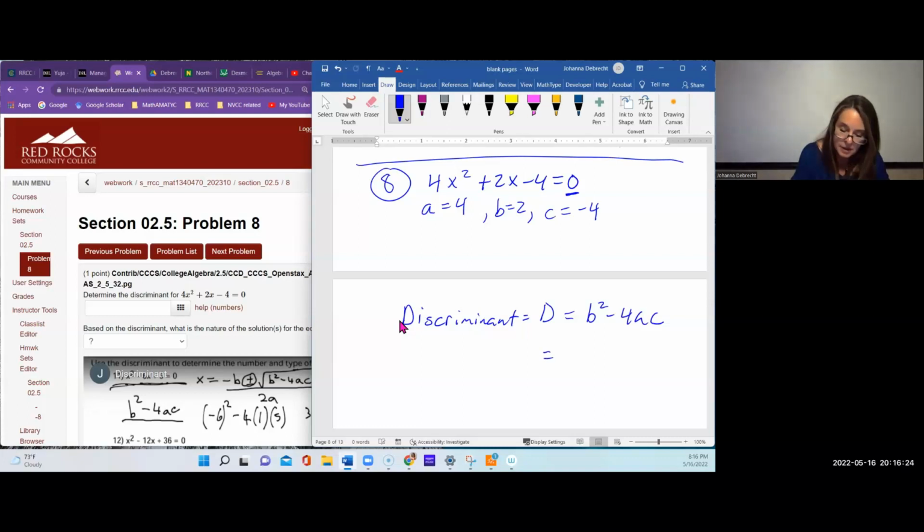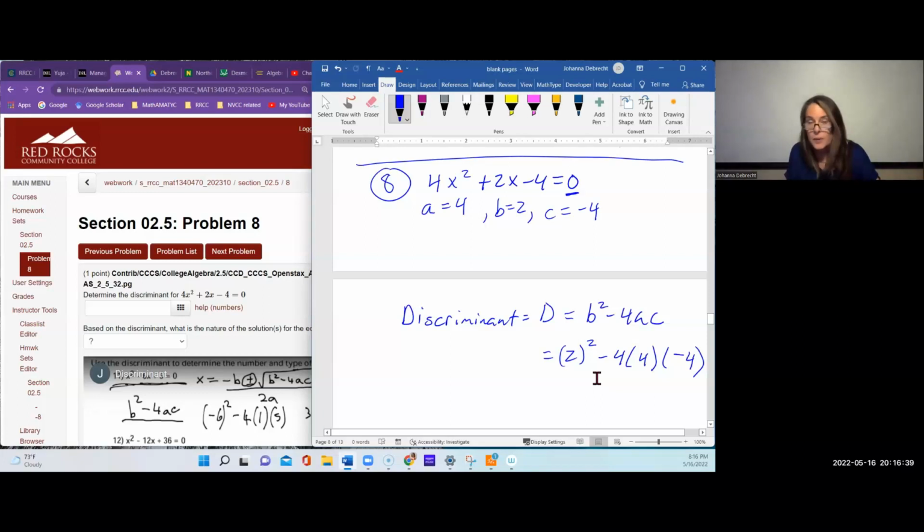This becomes 2 squared minus 4, the minus is in the formula, times a, which is 4, times c, which is negative 4. I recommend never doing this part in your head. Always write it out. I do. Because I know if I make a sign error here, I change it from being real to being imaginary or vice versa. That's a big mistake.